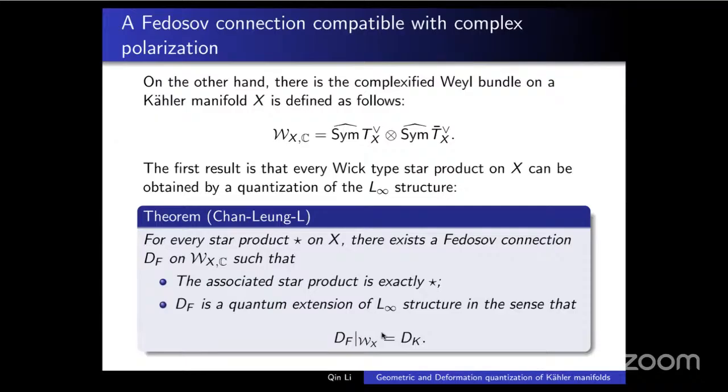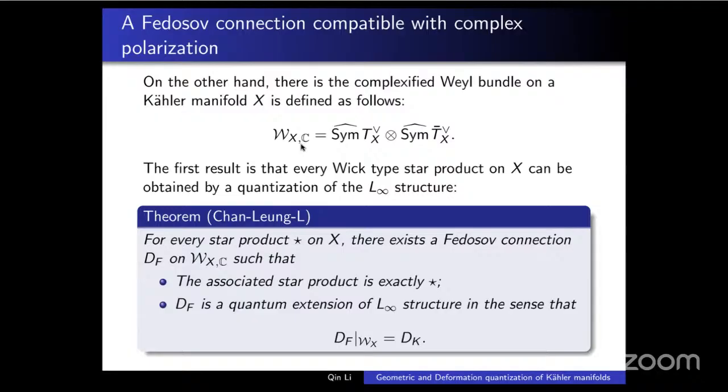So in Kapranov's original picture, you only involve this completely symmetric product of the holomorphic cotangent bundle. But we can also involve the anti-holomorphic cotangent bundles. And then you take the tensor product, and we obtain this complexified Weil bundle.